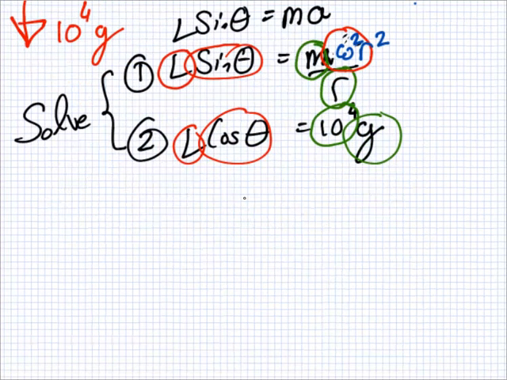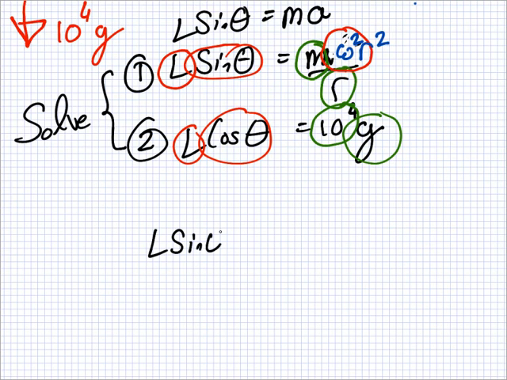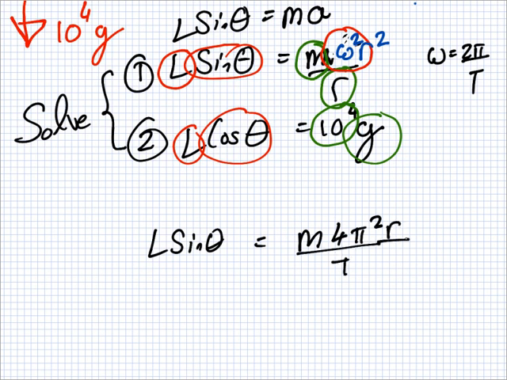Right, so let me rewrite these again. L sin theta. What does omega equal? Omega equals 2 pi over T. So I can change this into m 4 pi squared over T squared r. What happened to my square on the r? It cancelled with that. And the omega squared is this squared, which is there.